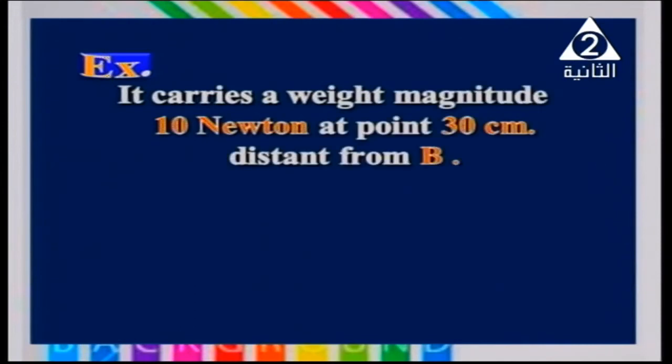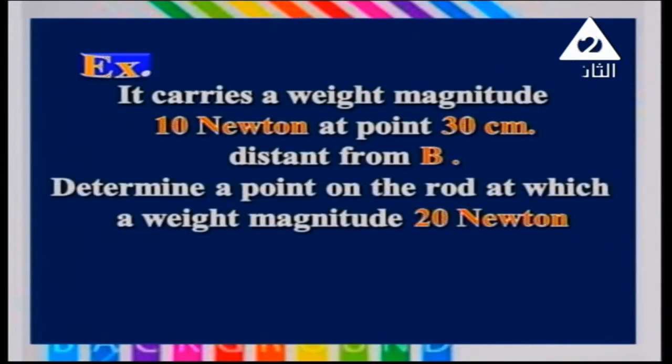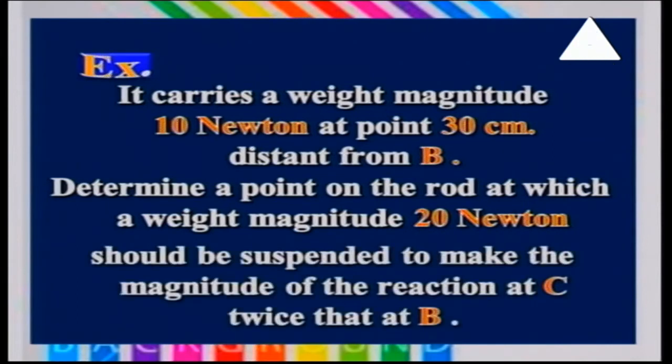It carries a weight of magnitude 10 Newton at a point 30 centimeter distant from B. Determine the point on the rod at which a weight of magnitude 20 Newton should be suspended to make the magnitude of the reaction at C twice that at B.